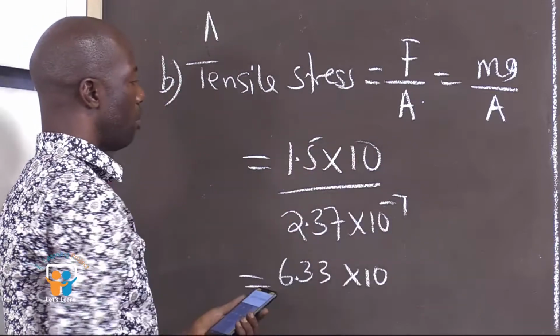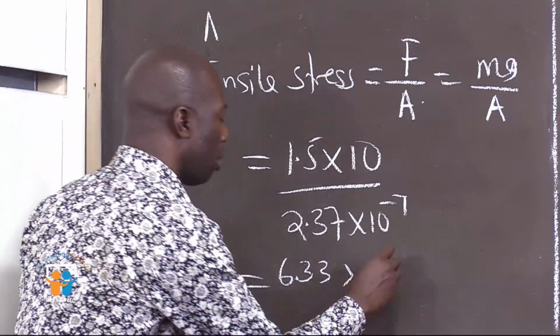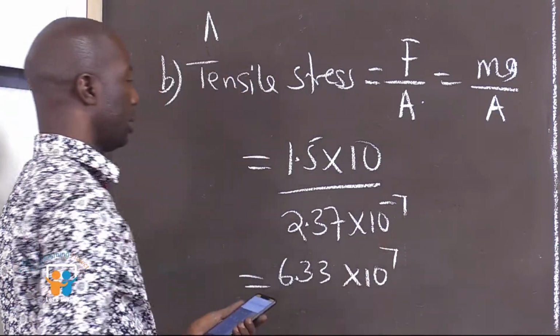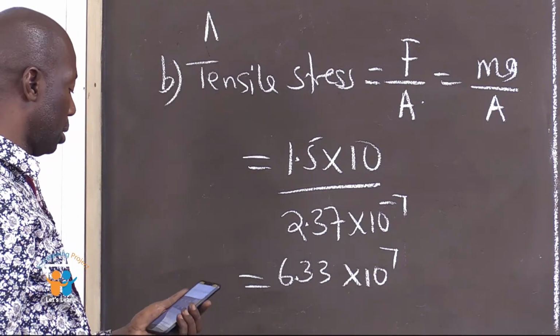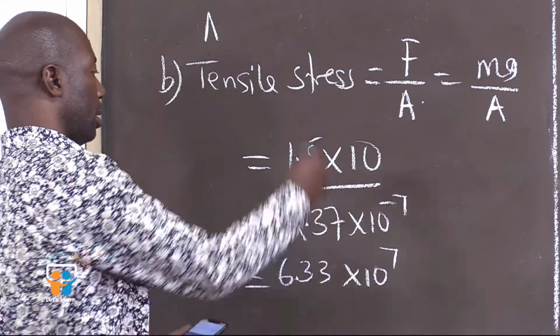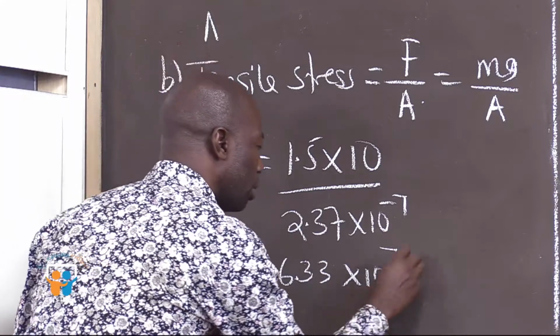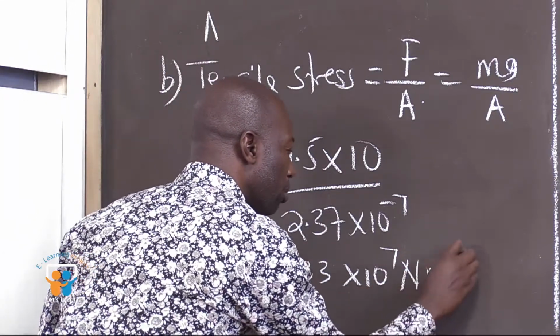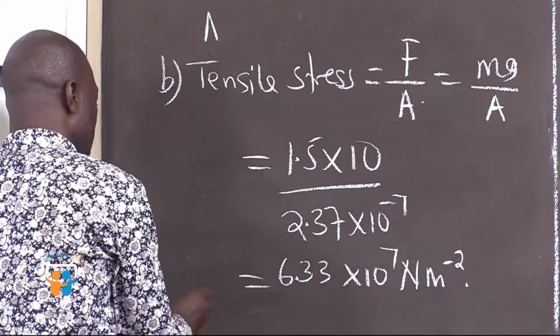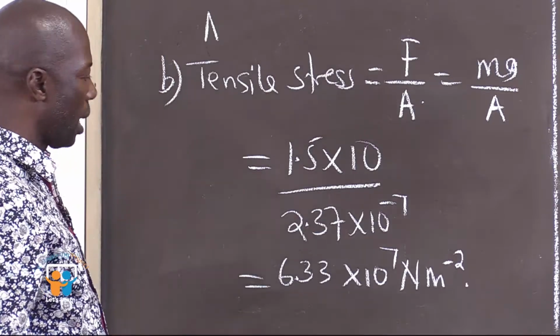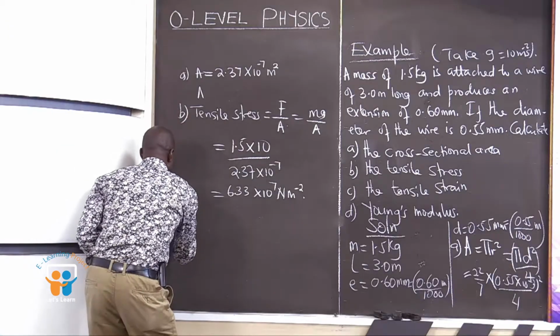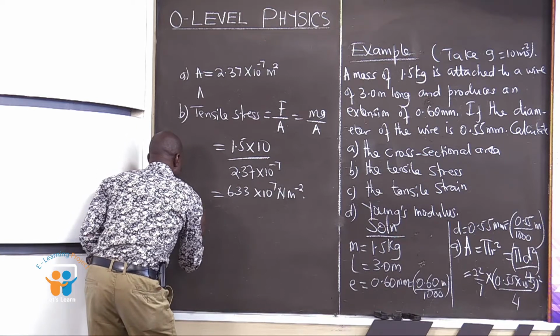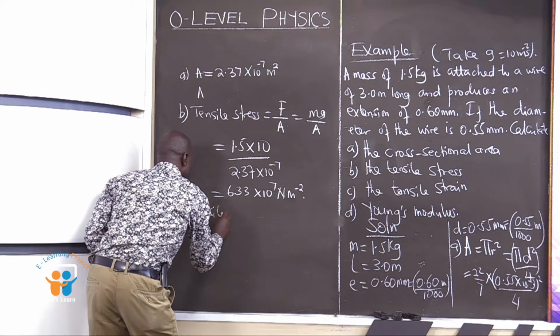Remember, this becomes positive power 7. So that is 6.33 times 10 to the power 7 Newtons per meter squared. Remember, that is our stress. And then C, we are getting our tensile strain.